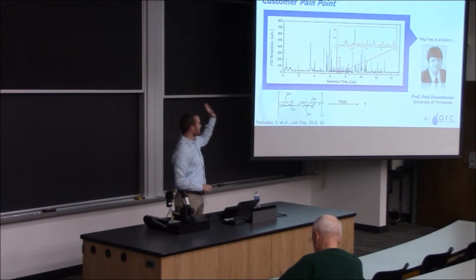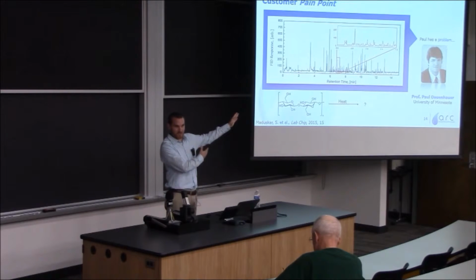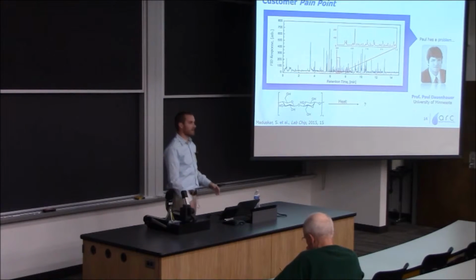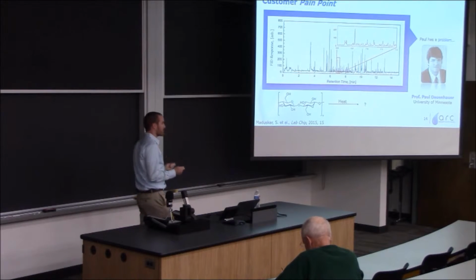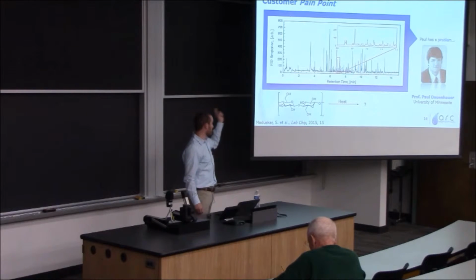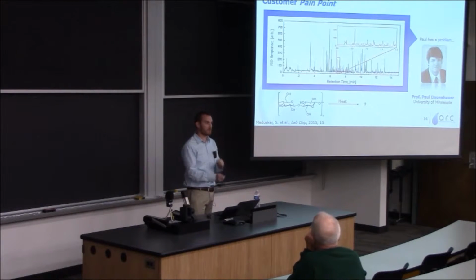And when they looked at all the products, they got this GC-FID spectra. And this is how you analyze products with carbon in it, right? You use a GC-FID. And when they look at the spectra, they saw hundreds of different peaks indicating hundreds of unique compounds in there. And the pain point was that in order to quantify this spectrum and thus understand the kinetics and what's happening with pyrolysis, they needed to calibrate each one of these peaks for each compound.